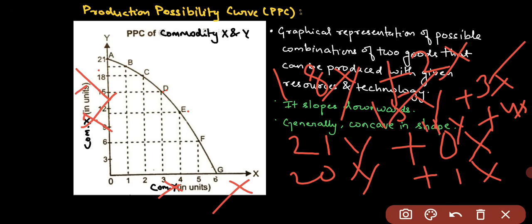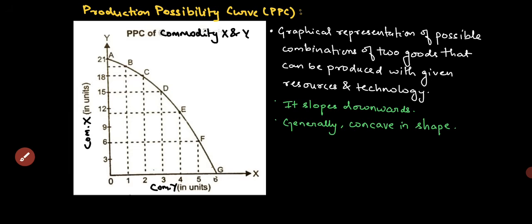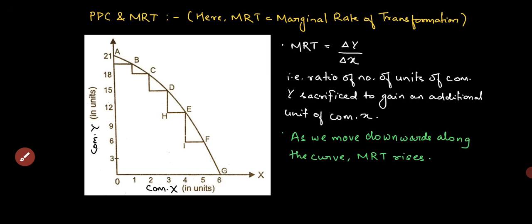That's why it is concave in nature, right? So you see now, regarding this marginal rate of transformation or marginal opportunity cost, here we can easily understand.